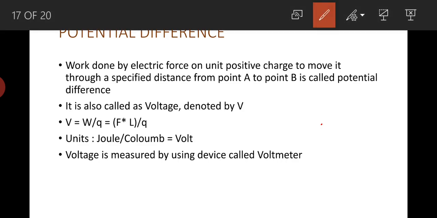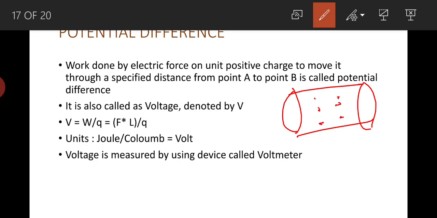If we take a conductor made of any metal, it will have a large number of free electrons. These free electrons will not move from one place to another without connecting to the battery.